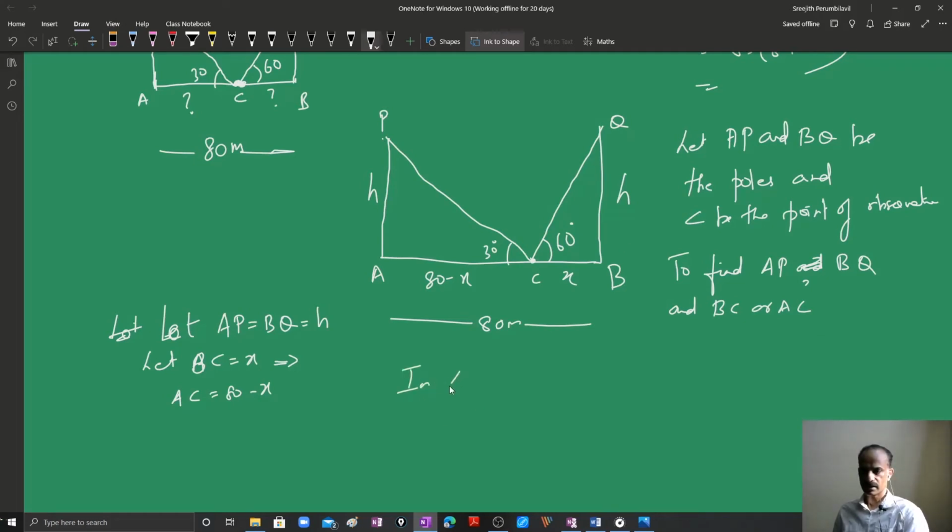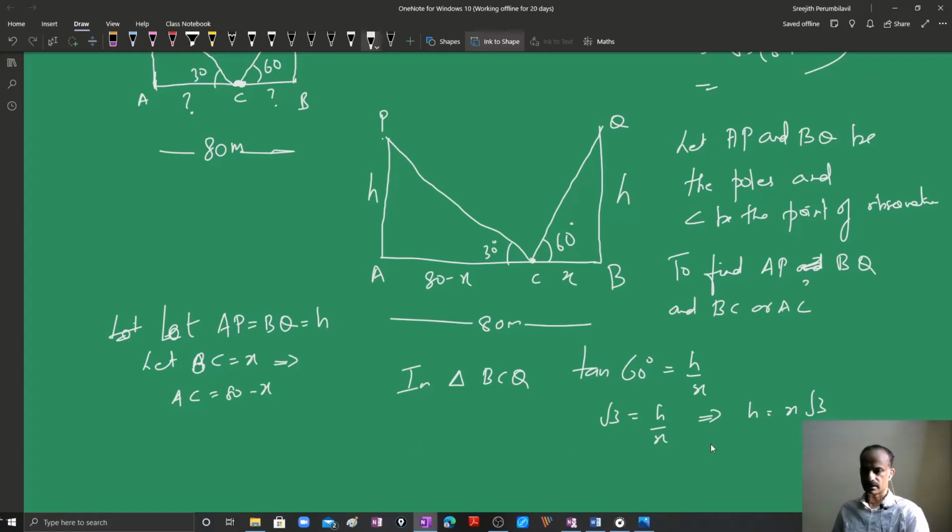In triangle BQC, the relation connecting opposite side and adjacent side: tan 60 degree is equal to H by X. Root 3 is equal to H by X, which implies H is equal to X root 3.